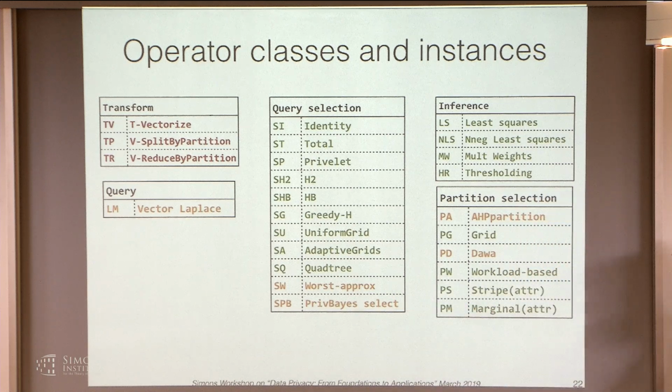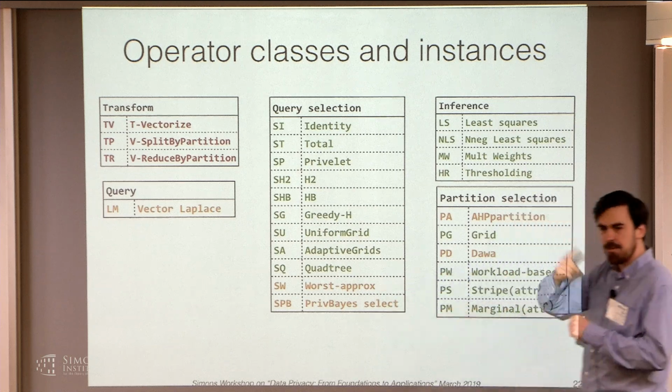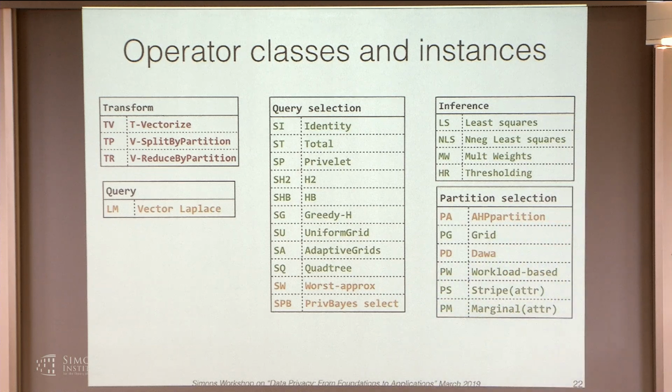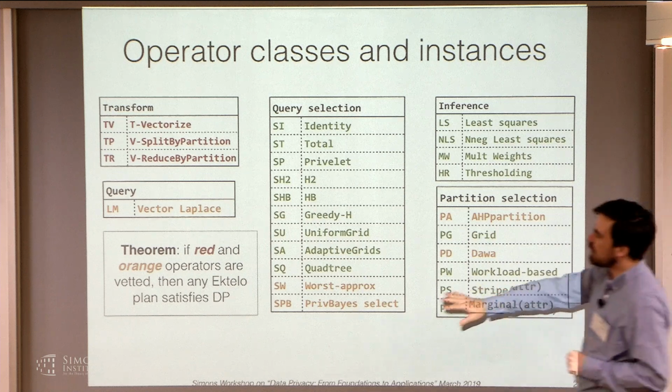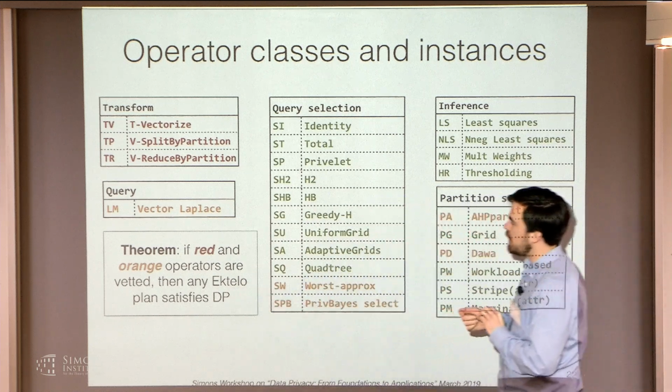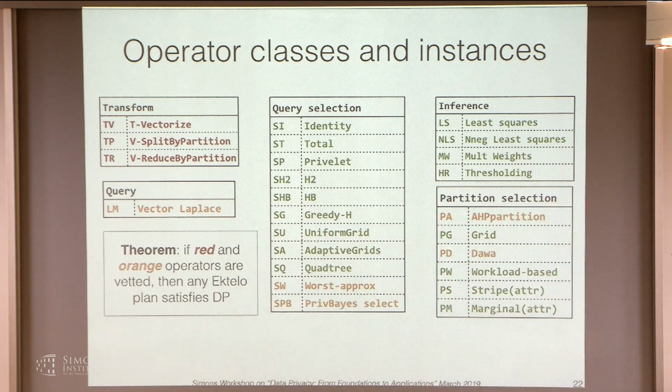Something like what's used in MWEM is to ask, in a differentially private way, which query is the worst approximated given my current estimate of the data, and you need to consume some privacy budget for that. And leveraging the work by Dave Sands and Hamid Abadi, we have a theorem that says, as long as you vet the red and orange operators, then any plan you write is differentially private.